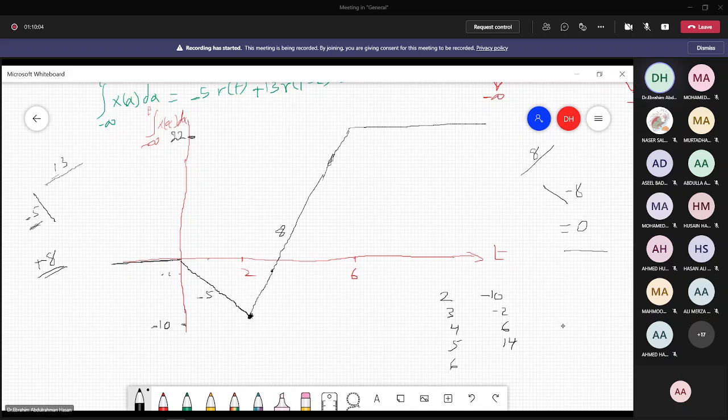At 6, 14 plus 8, 22. This is a little bit difficult or lengthy. So directly, the slope equal to 8, and the difference between here and here is equal to 4. Starting point minus 10. So then it is equal to 22.